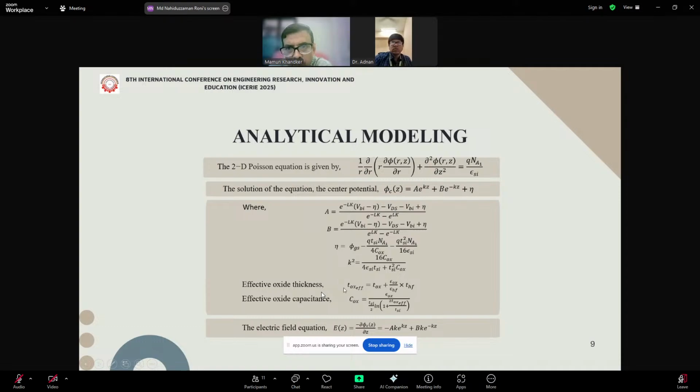And as the effective thickness decreases, we can say from the capacitance equation, the capacitance increases. And when we negatively differentiate the center potential, we get the electric field equation.